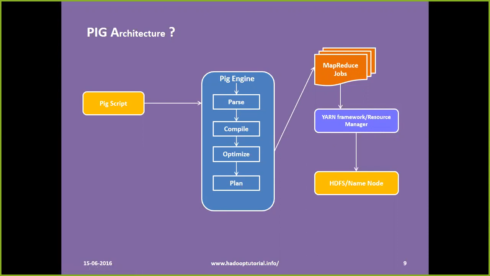The application master reads in your input file sizes, and if it comes to know that it needs 10 maps and 5 reduce tasks, that application master sends a request to the resource manager, and this time the resource manager sends the list of node managers, and on those node managers it will run those map tasks and reduce tasks, and those tasks will read the HDFS files via the name node master.